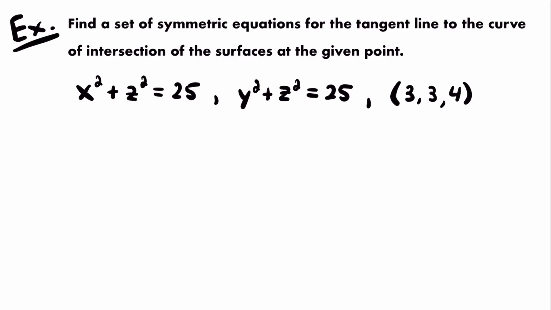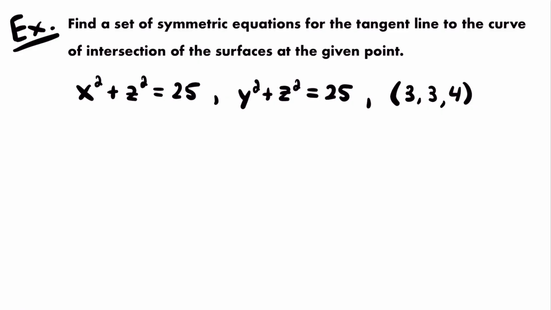I'm going to bring that up again in just a second, because this tangent line would have to be created using a tangent vector, a vector that is tangent to the curve of intersection between these two surfaces at this point. All right, and so our goal is to find that tangent vector so that we can create these symmetric equations for the tangent line, but we currently don't know how we're going to find that.